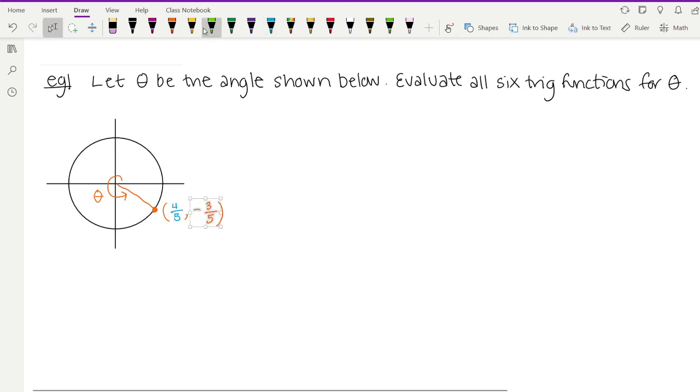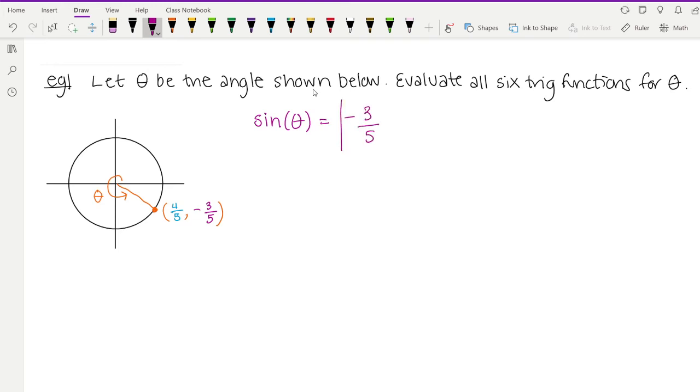So how do we evaluate sine, cosine, etc.? We just need to know the x and y coordinates of the terminal point. For example here, sine of theta is going to be the y coordinate of the terminal point, and that is negative 3/5. And we can now do cosecant of theta, because that's supposed to be the reciprocal of sine. The reciprocal of negative 3 over 5 is negative 5 over 3.